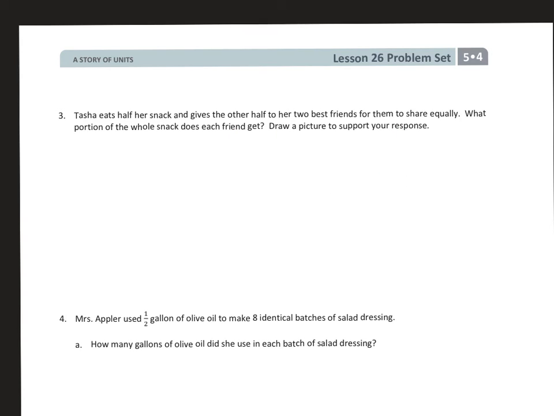So let's go back and reread and mark it up. Tasha eats 1/2 of her snack. So I'm going to go ahead and circle half of her snack and put the fraction 1/2. Gives the other half, so let's circle that and label 1/2 on top. To her two best friends, for them to share equally.